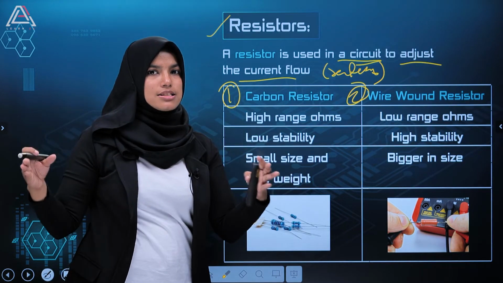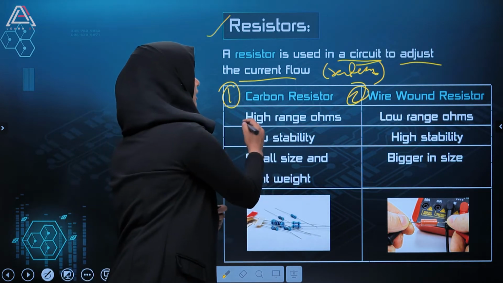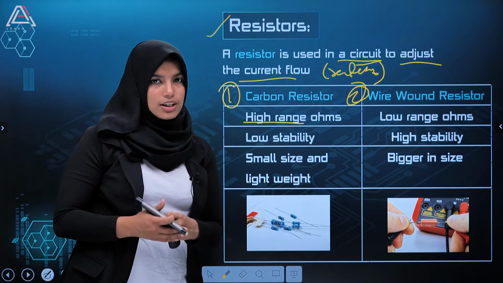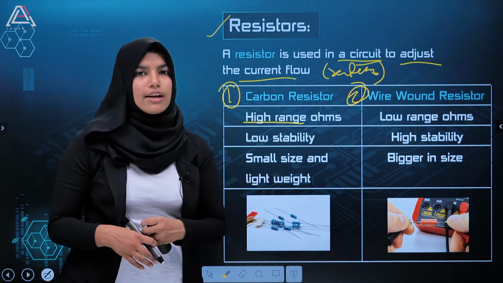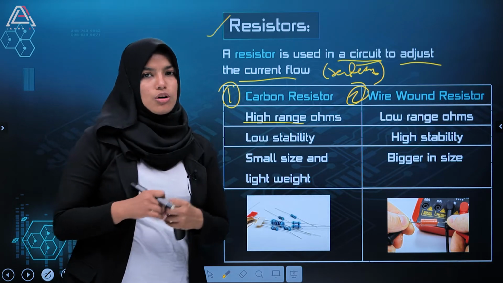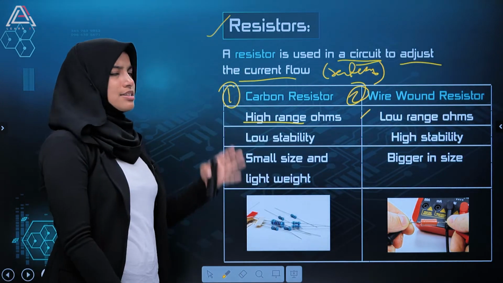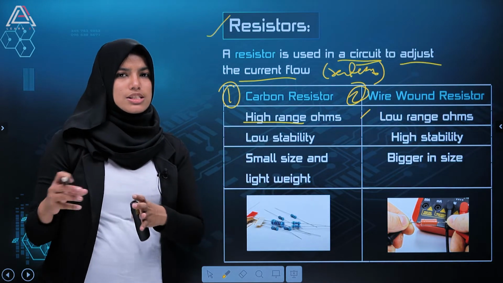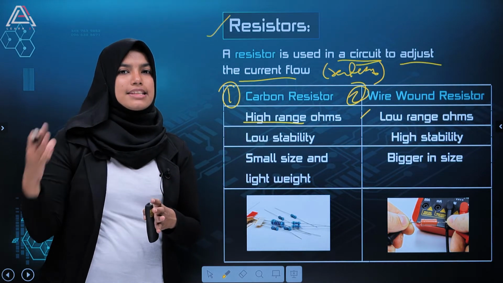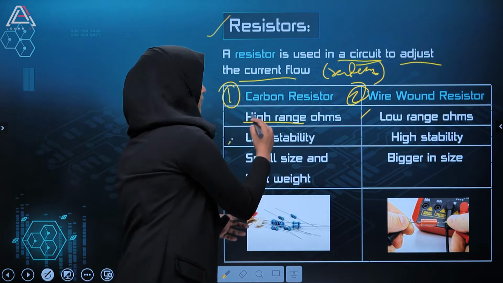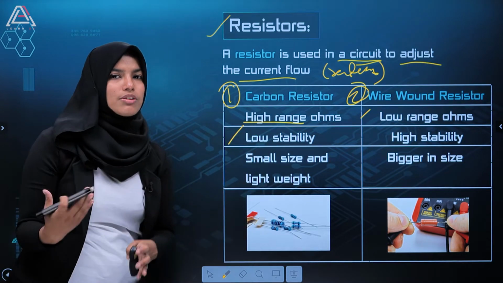Carbon resistor consists of a long range of ohms, but in the case of wire wound, it's a low range of ohms, like 10, 12, etc. Now, carbon resistor exhibits low stability, or it gets damaged very fast, so that is a disadvantage of carbon resistor.